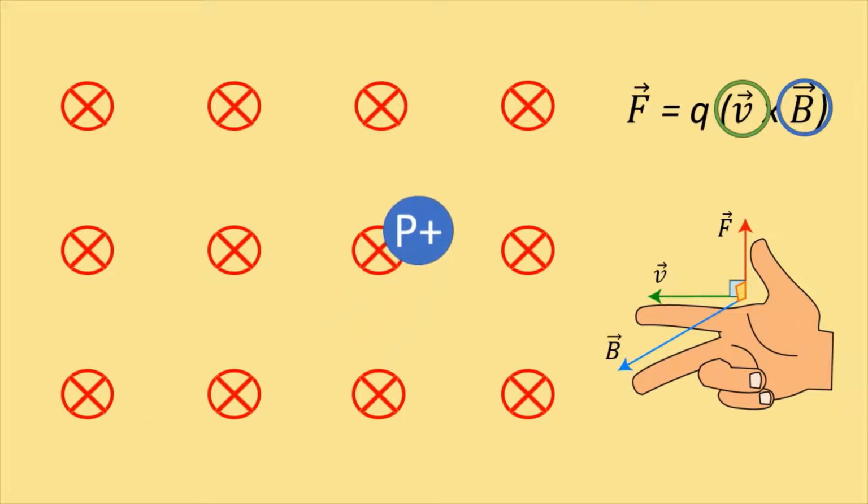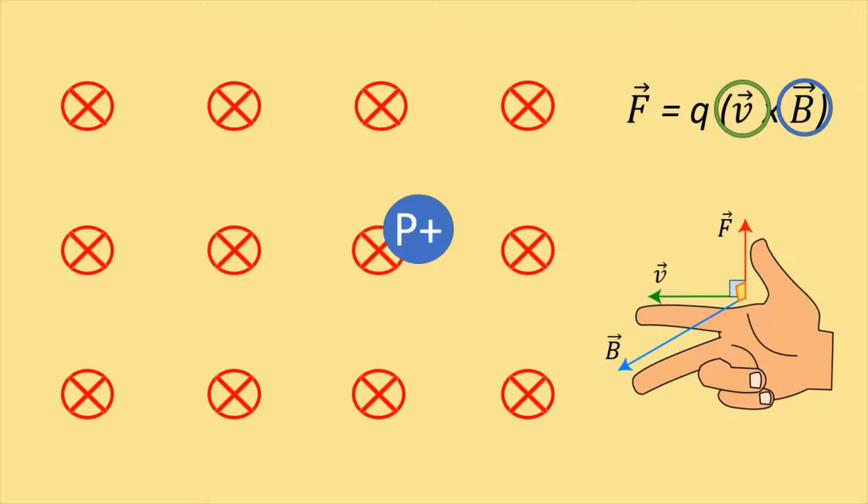But where will the force be now, right? Because now the proton goes upwards, so the velocity vector is upwards, but the force has to always be perpendicular to the velocity vector. So now it will look like this, but that's not the direction of the force that we got from the right hand, right?